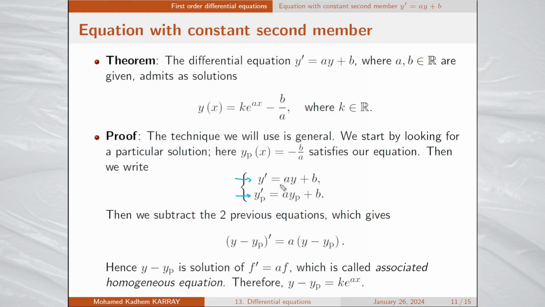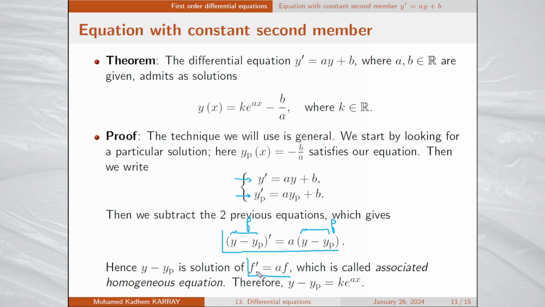Now we subtract the two previous equations and we get this new equation. Let's denote by f the function y minus yp. So we get that this function f satisfies f prime equals af, which is called the associated homogeneous equation.